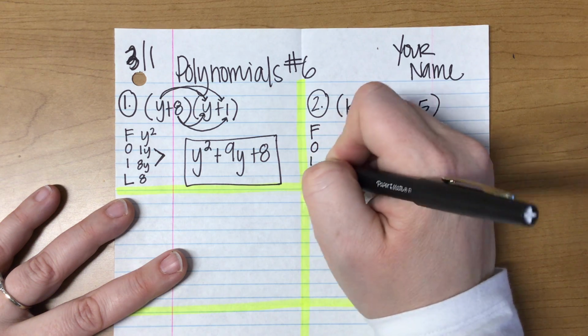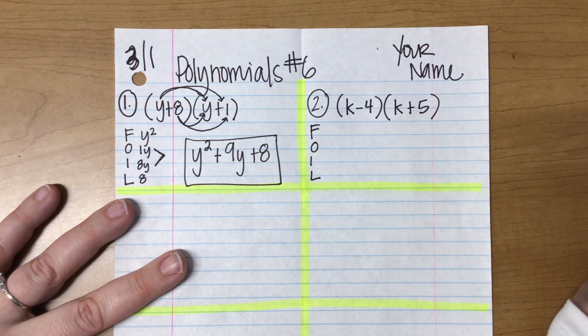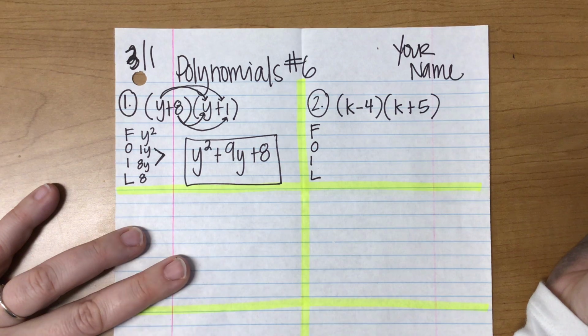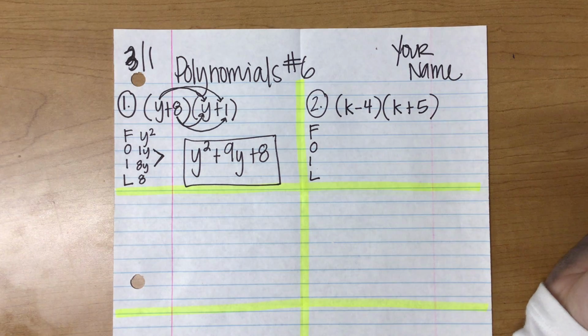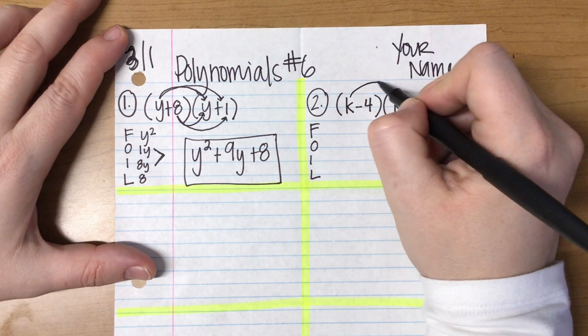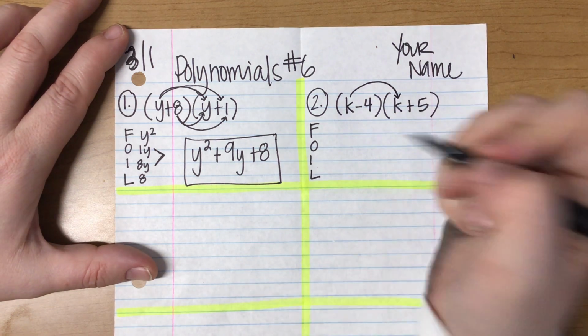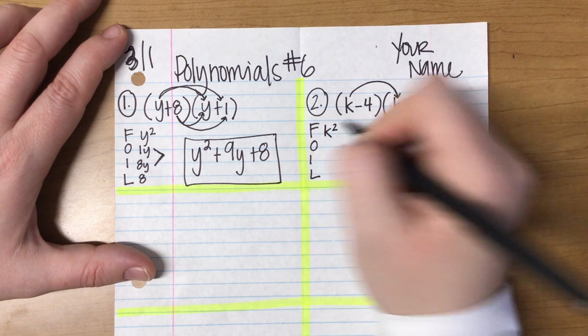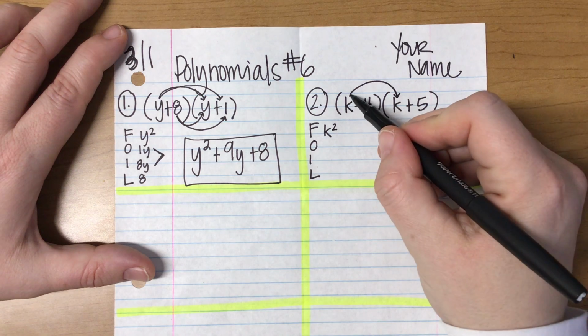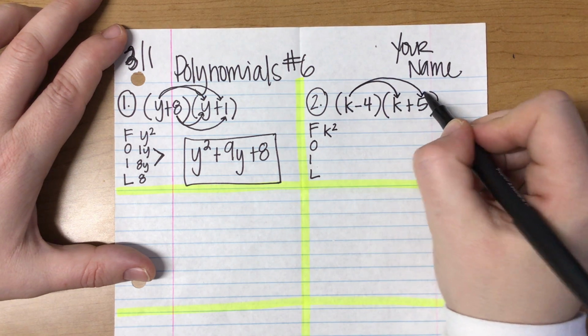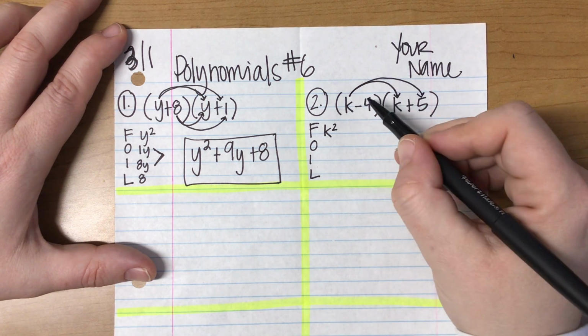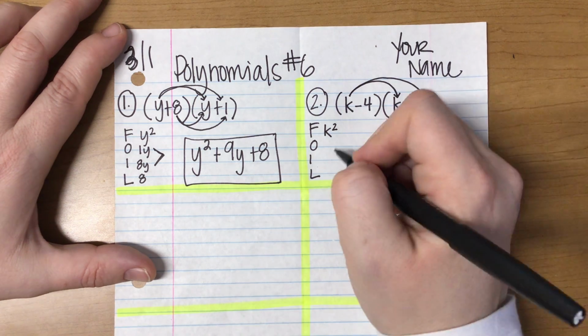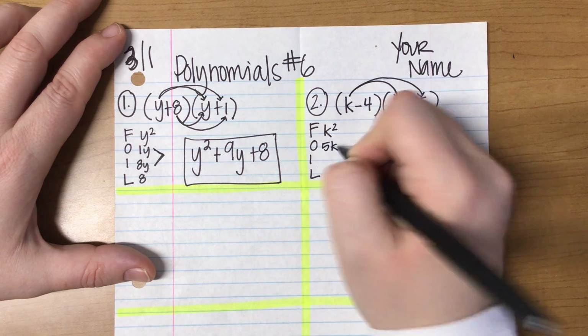We only use the acronym FOIL for a binomial times a binomial. It's just double distribution. First term times first term, k times k is k squared. Outside terms, so the first and the last. K times 5 is 5k.